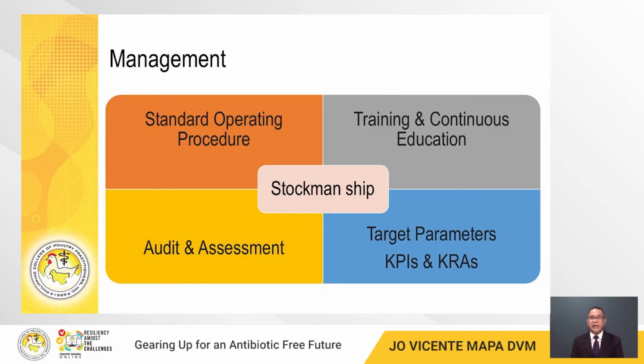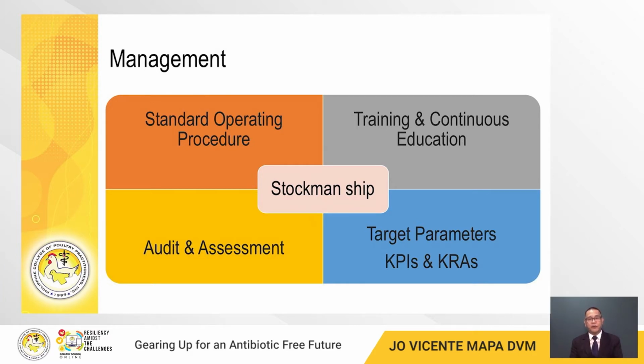The skills of stockmanship must be taught and constantly improved. The operation must have written standard operating procedures, and this must be cascaded through training and continuous education. To make sure that these procedures are implemented, target performance parameters must be set and cascaded.